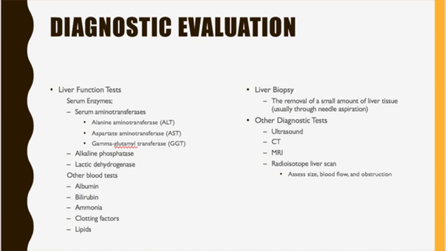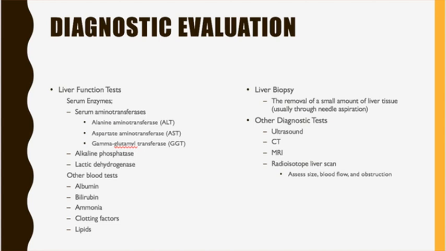Your AST increases with liver, bone, heart, and kidney issues. And then your GGT is associated with cholestasis, which is that reduced or stopped bile flow, or alcoholic liver disease. But these three, the ALT, the AST, and the GGT, are the typical enzymes that they do in a liver function test.